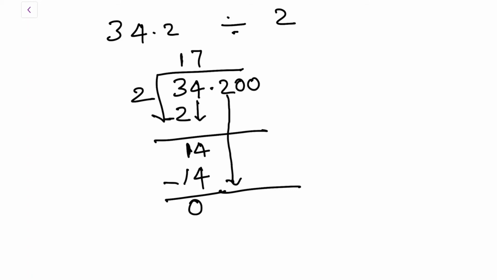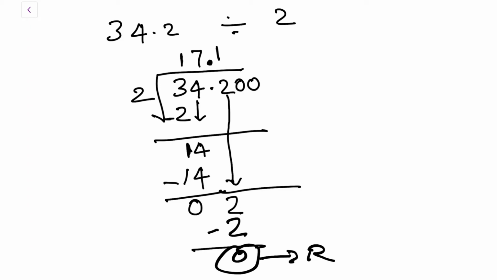We put a decimal point, that's right, in the quotient. And now you can bring this one down. Then it is 2 ones are 2, 2 minus 2 is 0. Once you get the remainder 0, you can stop. Else you can bring the other 2 decimal places as well. Alright, so the answer is 17.1.